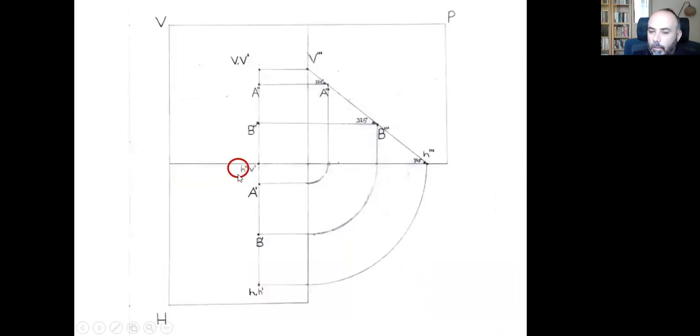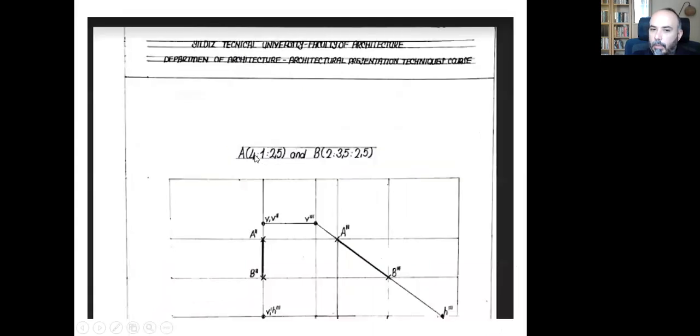Do not forget to place all the second projections of objects, every object, on this vertical projection plane. So this H double prime should be placed here. If you are not going to use this row, then you don't need to draw it.